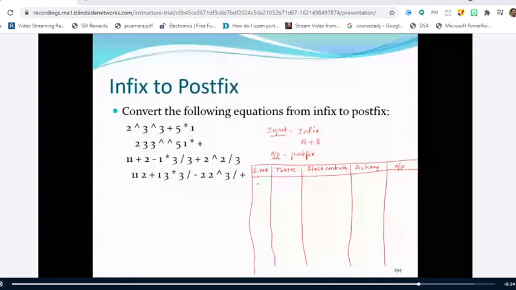So serial number is nothing but the step. What is the first step you have to do? You have to scan the given input expression from the left hand side. What is the first token you got? It is A, an operand. So when you come across an operand, you initialize a stack.